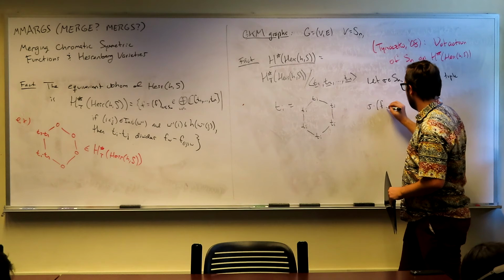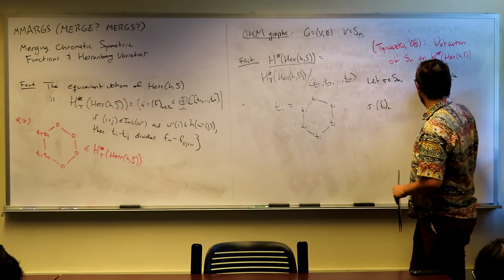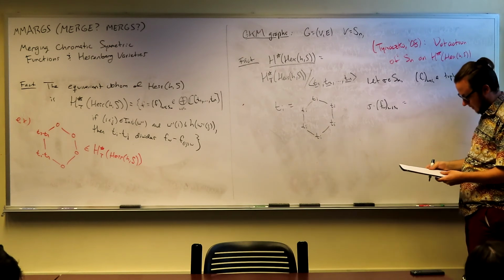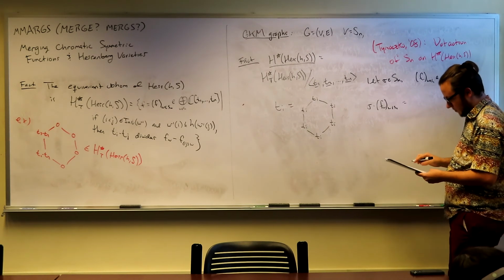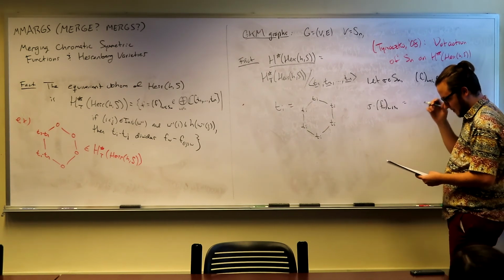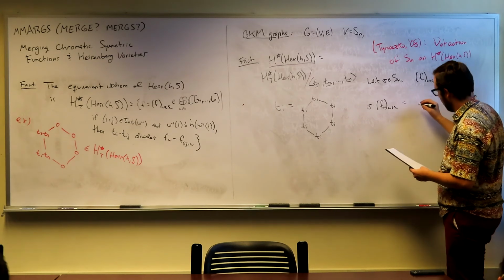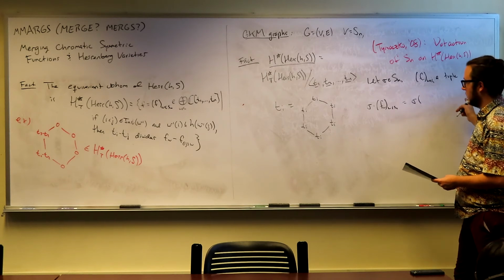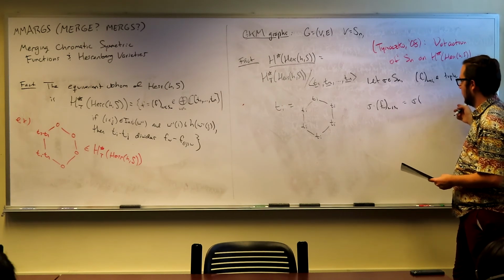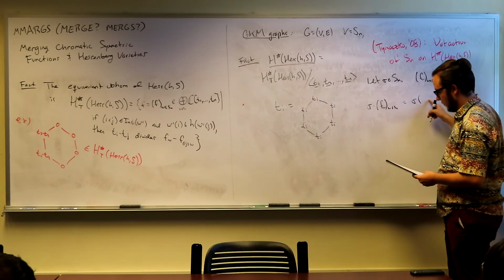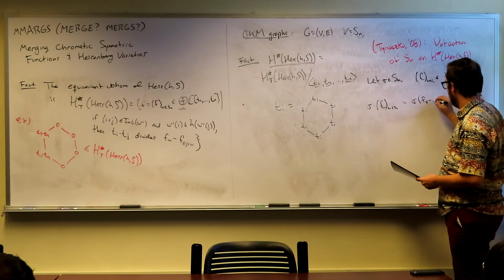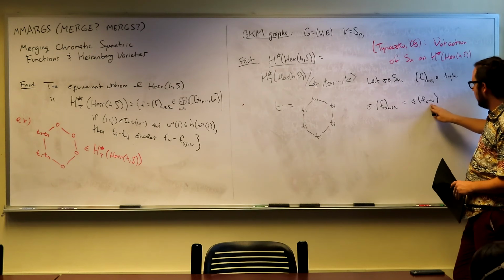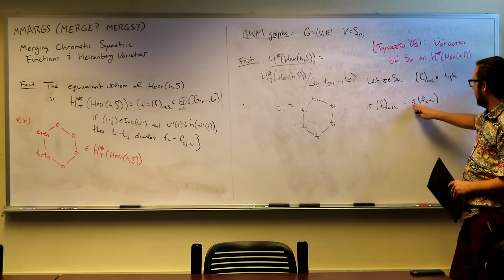Sigma applied to the tuple of Fw over w in Sn is sigma applied to the list of indices, because it's a list of length n factorial: F sigma inverse w. So basically you take the inverse permutation and apply it to w, and then you apply the permutation sigma to what you get.